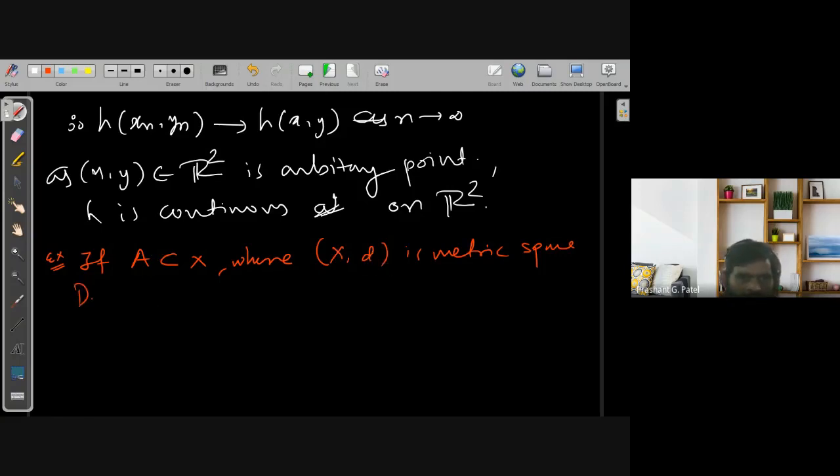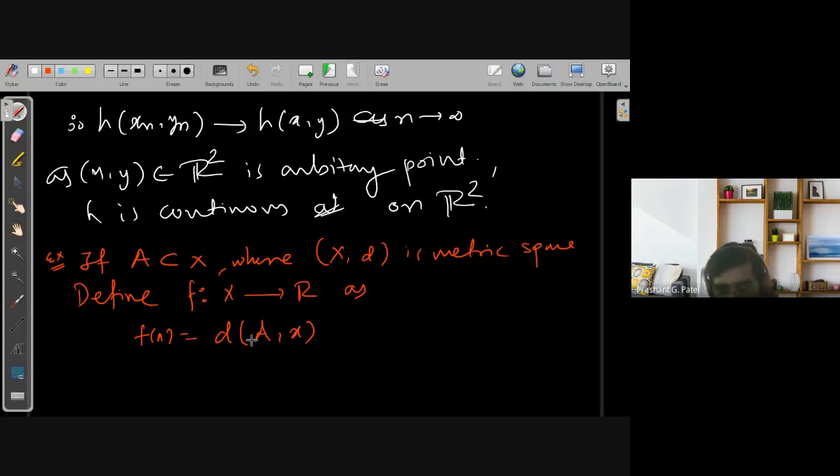Let us define some function f from X to R as f(x) = d(A, x). That means I am defining a function from a point to a set, and this function is a continuous function.